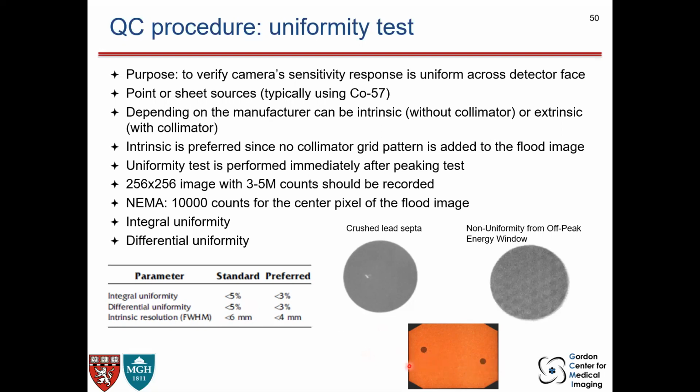When we are talking about integral, with 2 locations here, the count value of the image pixel here should be within 5% compared to this one, right across the FOV. So that's the integral uniformity.